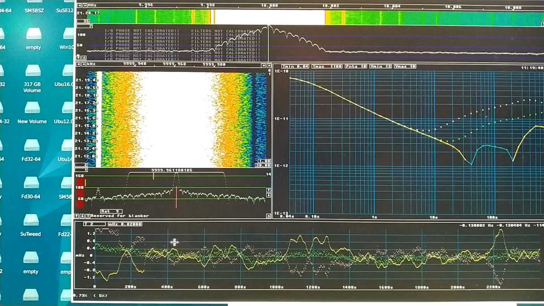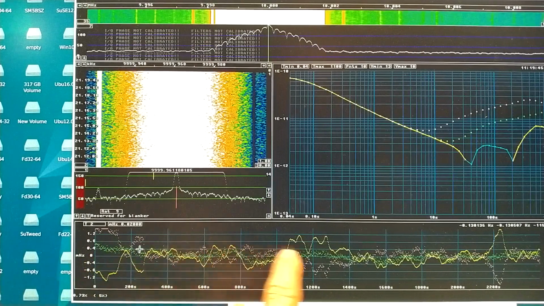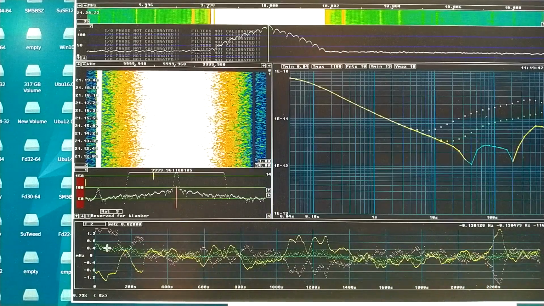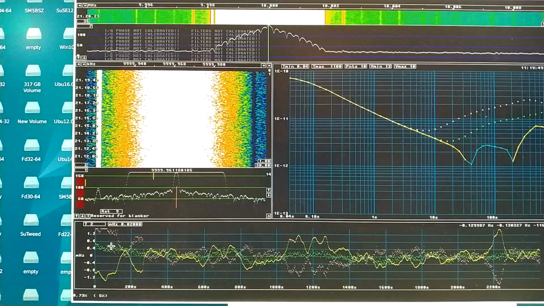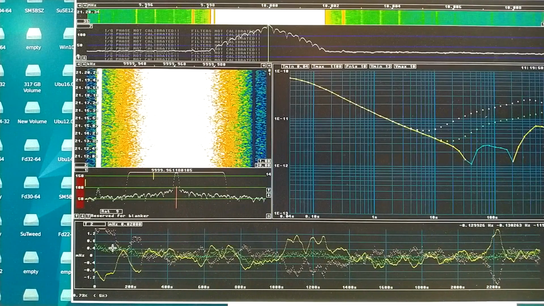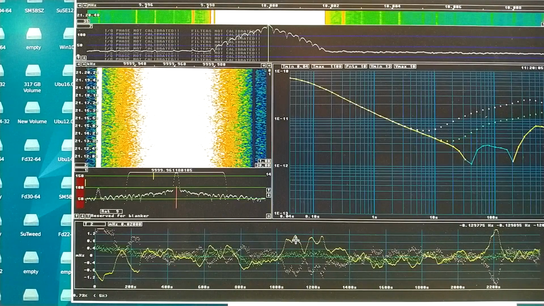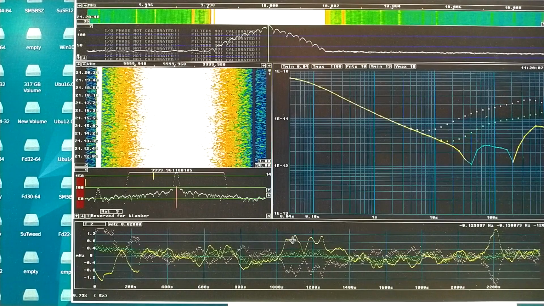But what I can see is this graph down here of frequency versus time. The green trace, that's the oscillator in channel 1, while the red trace is channel 2. The yellow trace shows the difference between the two oscillators.